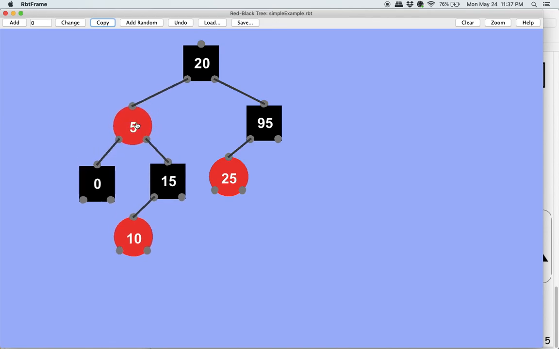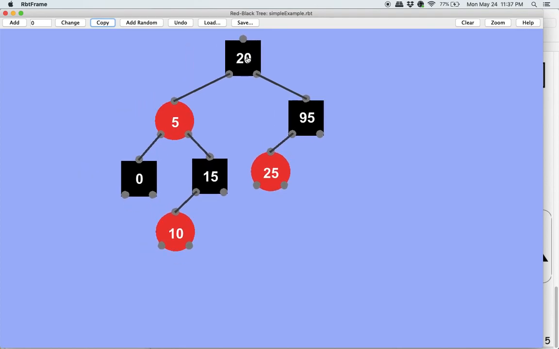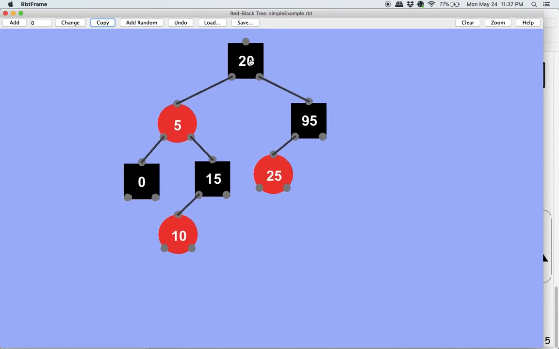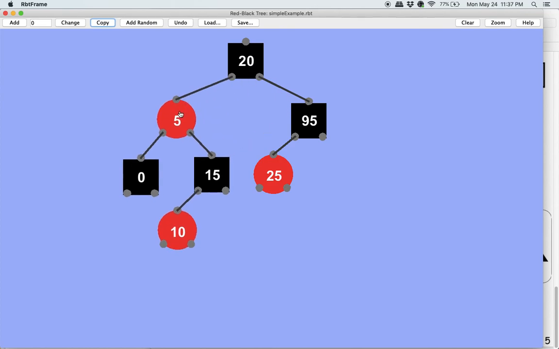So the node 5 turns red. In this case, I'm done with the transformation. If this had been part of a subtree, I would have to go and do the transformation on the next level, but I'm at the root, and so I don't have to worry about balancing anything else. The effect of this is the entire red-black tree's black height now is 2, not 3.